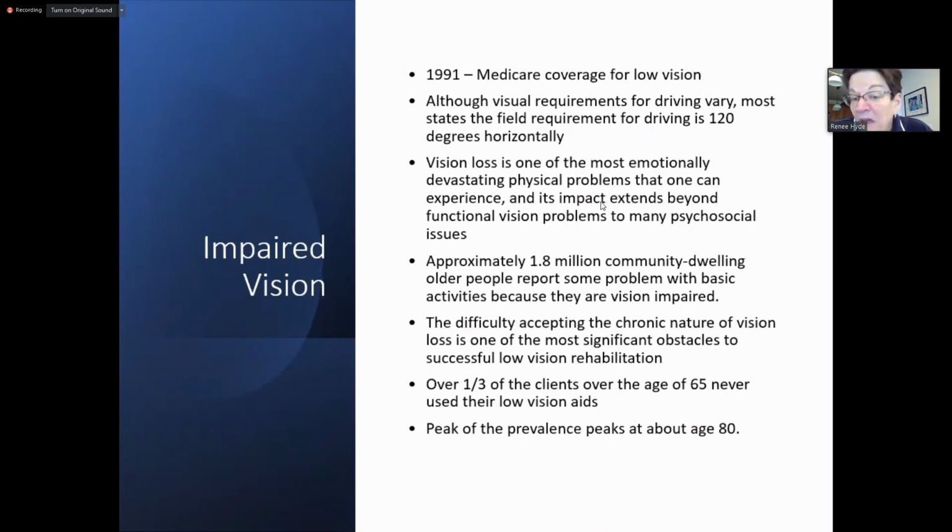About a third of patients over the age of 65 have never used low vision aids that were prescribed for them, other than glasses. The prevalence of low or impaired vision peaks at about age 80.